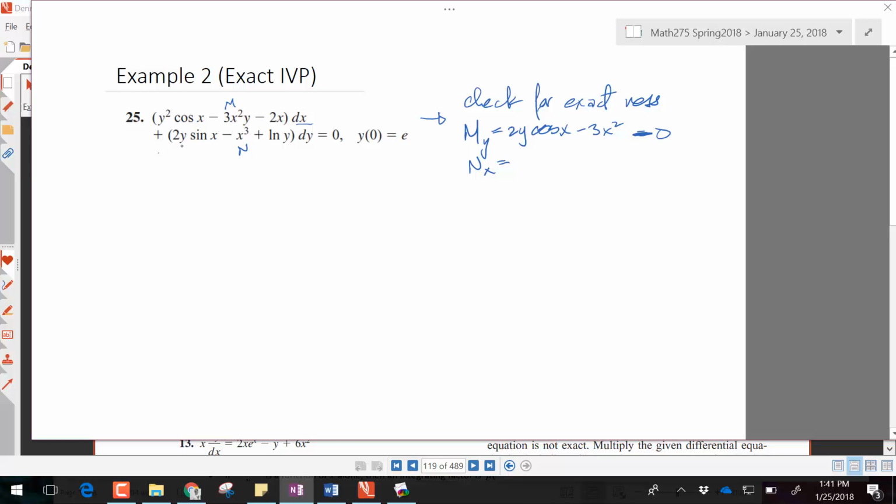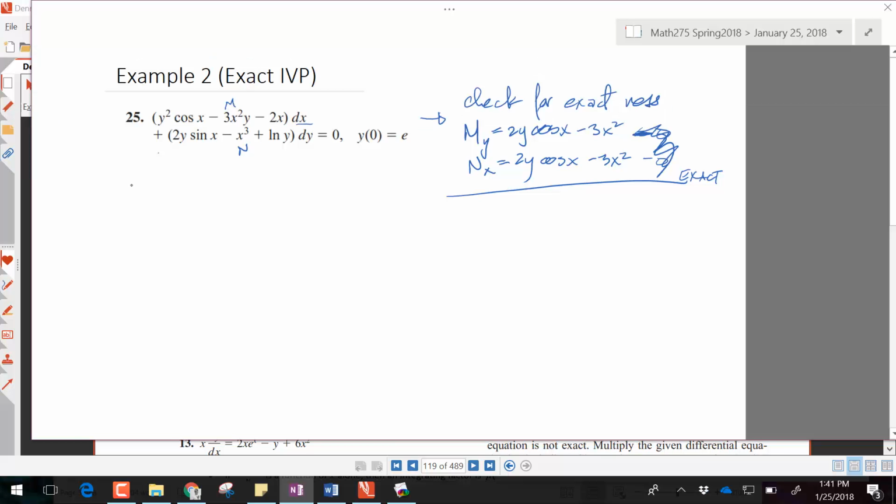Derivative with respect to x, the 2y is a constant. Derivative of sine is cosine. Derivative of x cubed with respect to x is 3x squared. And then ln y, the derivative of that with respect to x is 0. Guess we don't need to put the 0 there. But it looks like it is exact. We can proceed with our method.